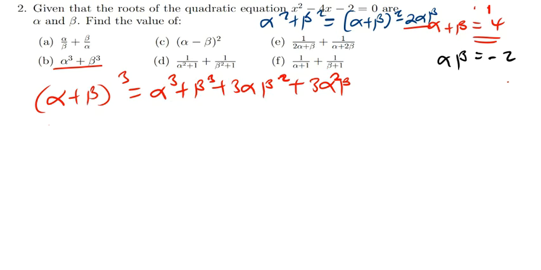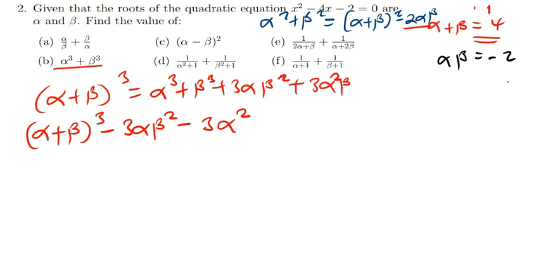Then I'll have alpha plus beta raised to the power 3 minus 3 alpha beta squared minus again 3 alpha squared beta should be equal to alpha to the power 3 plus beta to the power 3. But in this case, since there is a square here and there is a square here, I need to factor out to make things simple.